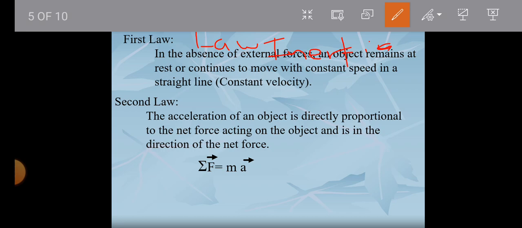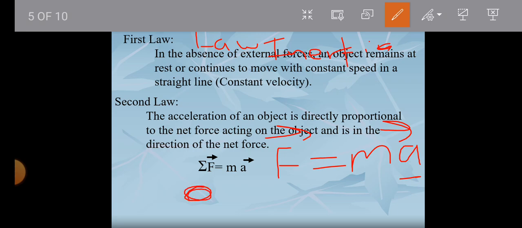The second law of motion states that the acceleration of an object is directly proportional to the net force acting on the object and is in the direction of the net force. The second law says that F, the force acting on a mass, is going to cause acceleration, and the acceleration and the force are directly proportional.